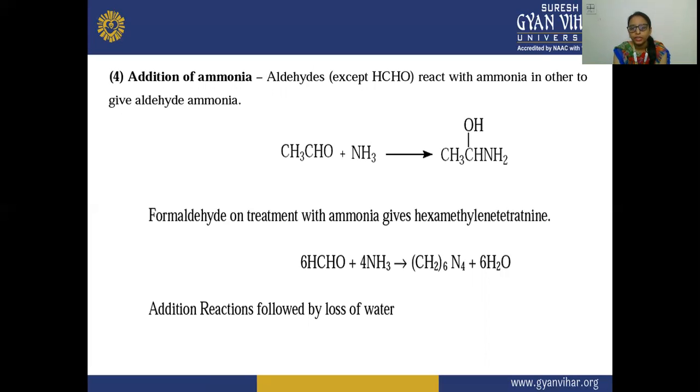So here you will see that when this formaldehyde is reacting with the ammonia, we have taken 6 molecules of this formaldehyde and 4 molecules of this ammonia, and there is a formation of hexamethylene tetramine. The 6 is for hexa, methylene because the CH2 group is attached, tetra because N is showing 4, and this is your amine.